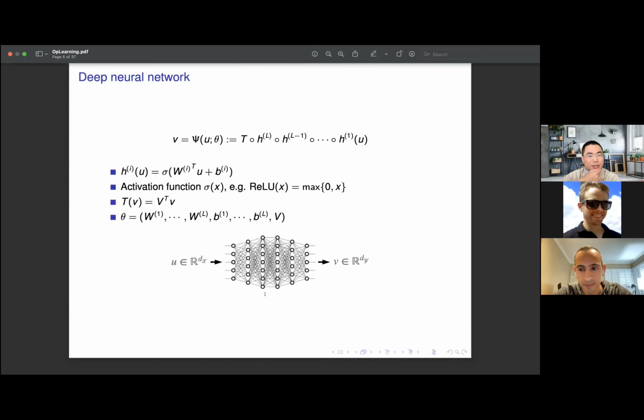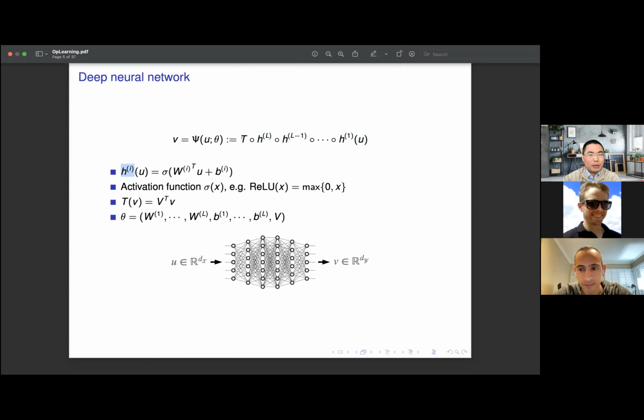If we use some naive neural network to solve this learning problem, then maybe we don't have discretization invariance due to the structure of the neural network. For example, a fully connected neural network can be summarized using the mathematical formula here. We have the composition of some simple nonlinear functions denoted by h_i.